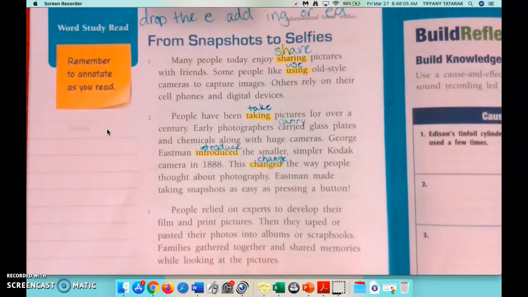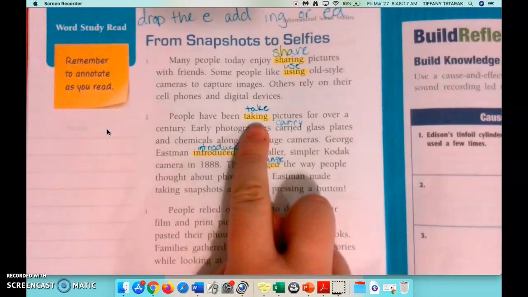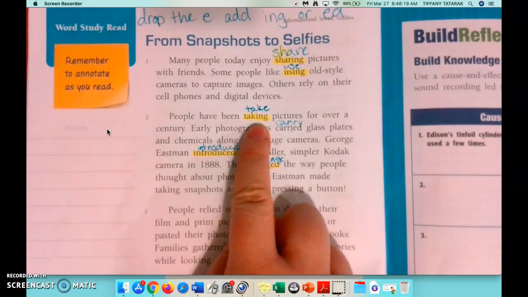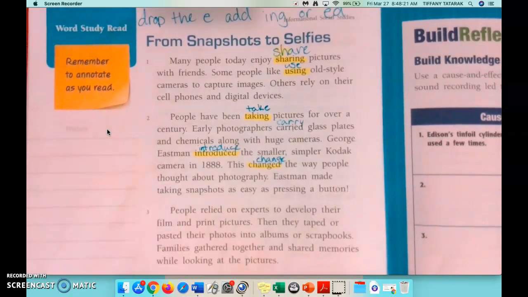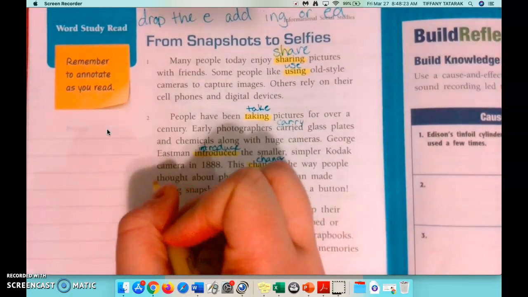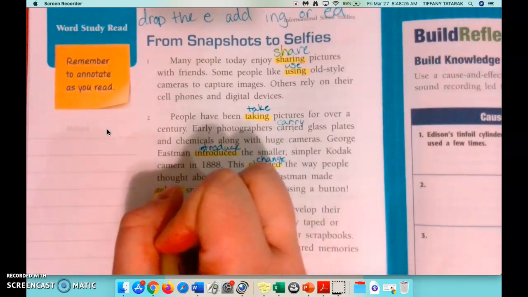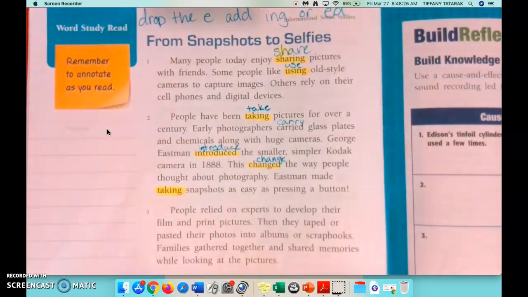All right. Last sentence of this paragraph before I let you work on your own. Eastman made taking snapshots as easy as pressing a button. Well, we already did taking up here, so we know that it matches our pattern. So I'm going to highlight that one. Sometimes using things you've already worked on to help you later on is helpful.